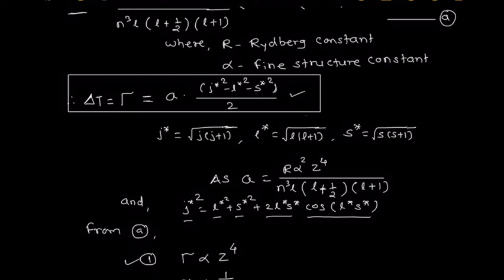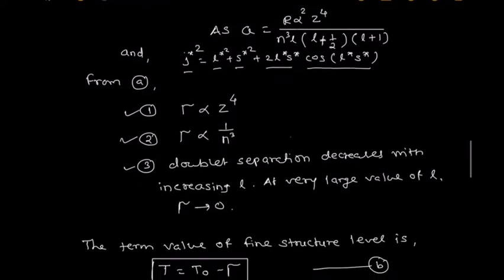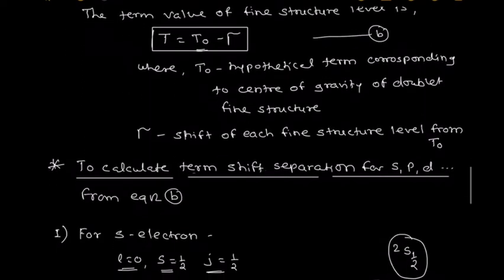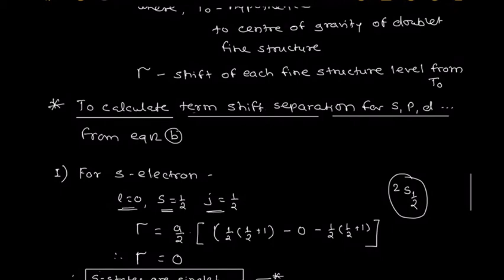A is the constant. We cannot take all the terms here, but we write this as the constant term A, which is in terms of R alpha Z divided by n cube L into L plus half into L plus 1. This is one constant. Hence, tau for J equal to half, that we find firstly.